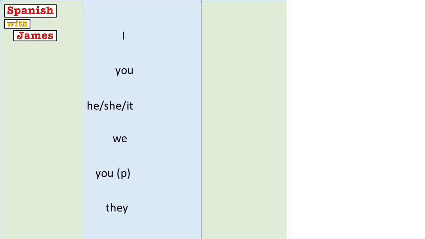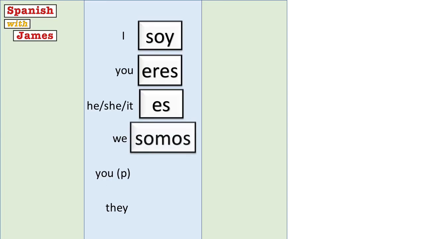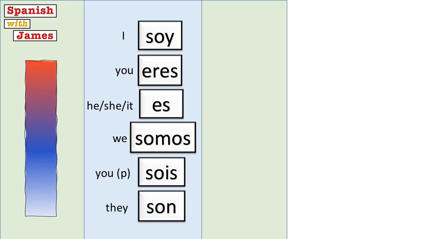Now we're going to take a look at how we can make our sentences and our writing and speaking about people's descriptions even better, even more varied, even more detailed. To do that, we're going to be using ser, so we're still going to be using the other chunks of vocab that we've been using, so soy, eres, es, somos, sois, son. And we're still going to use the same adjectives, the same quantifiers, but before we use the verb ser, we're going to add in another little word or a short expression, which is an expression of frequency.